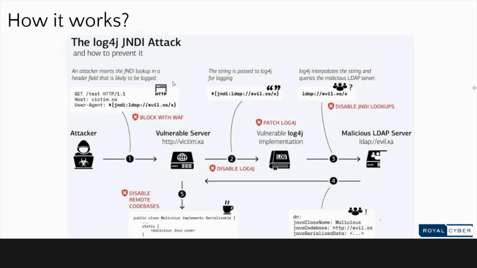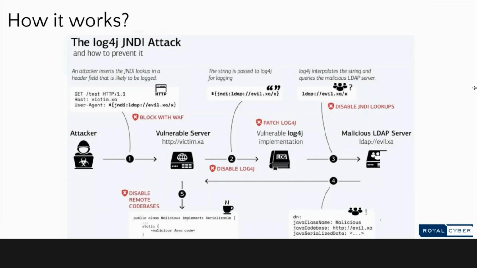As a result of that, Log4j interpolates the string and queries the malicious LDAP server. And then the LDAP server responds with directory information that contains the malicious Java code. So this is what happens once this specific action is performed.